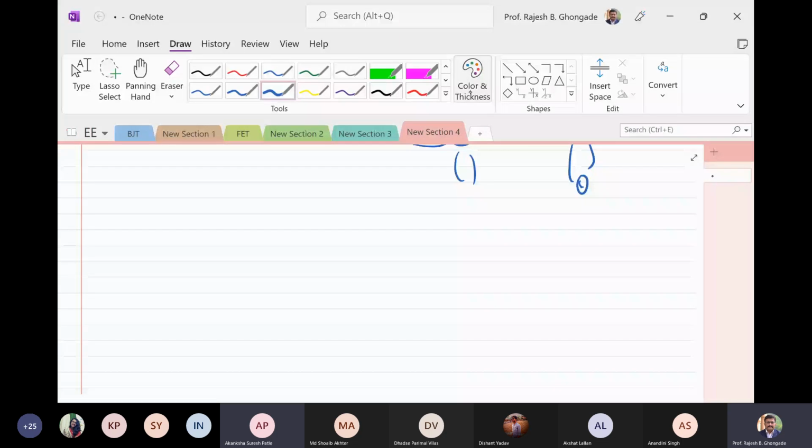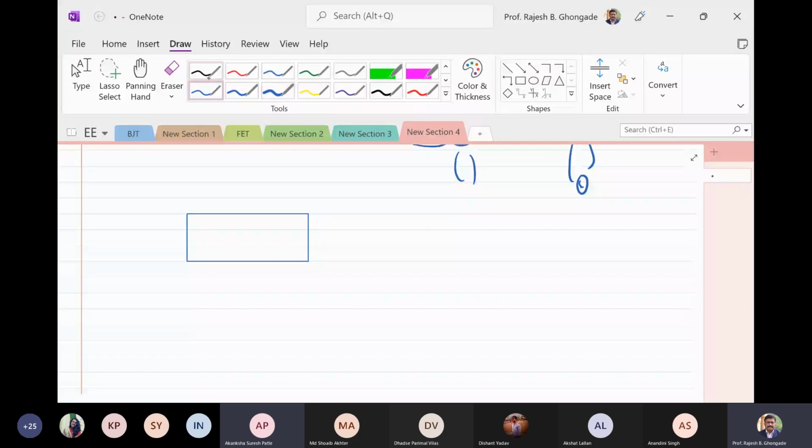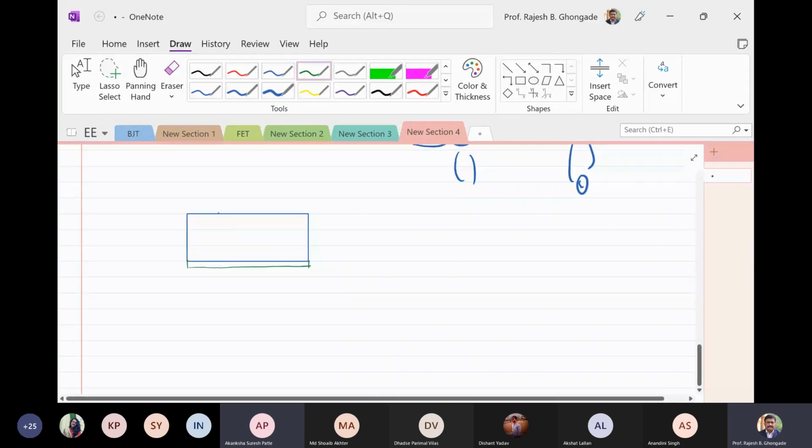Let me draw the structure for you so that things will be much easier for you to understand. So you have this kind of structure.